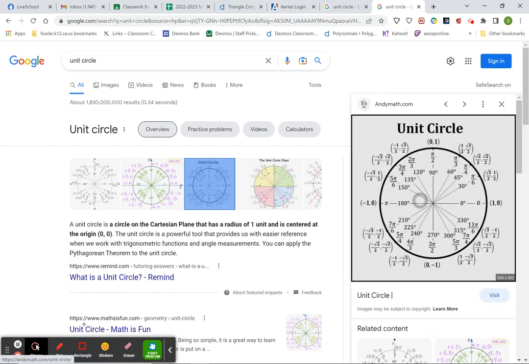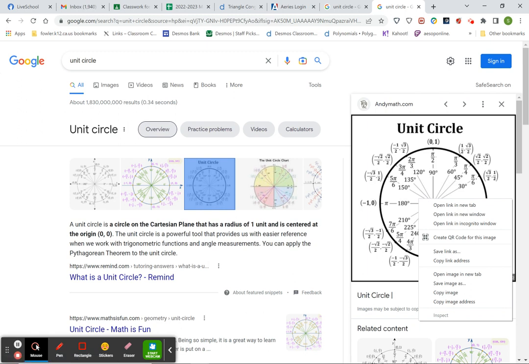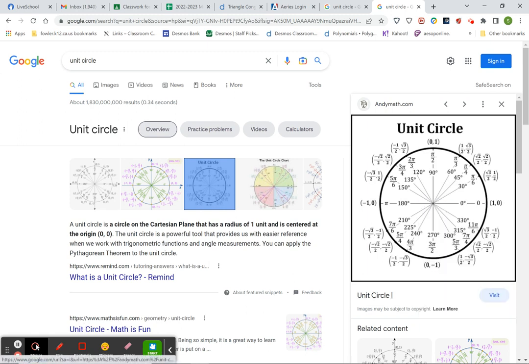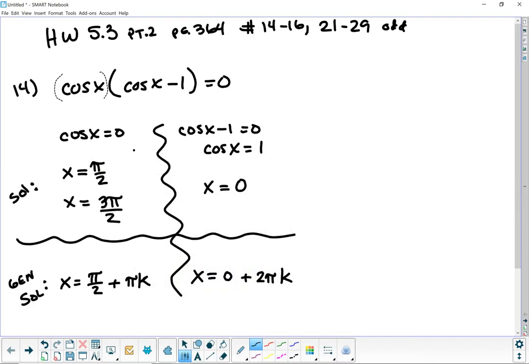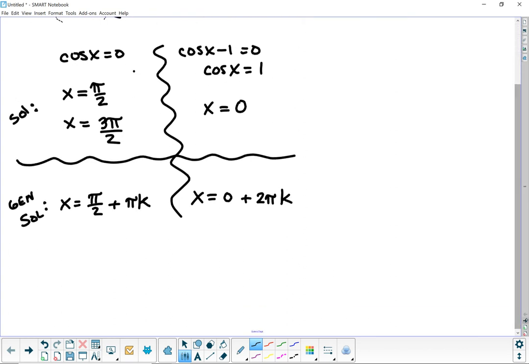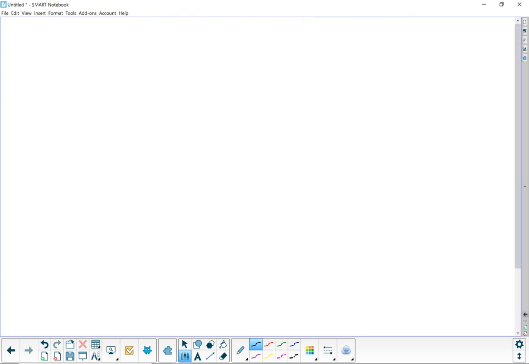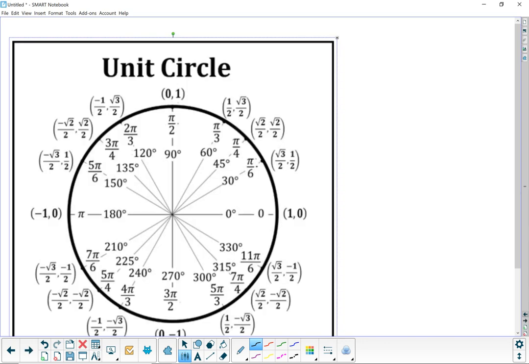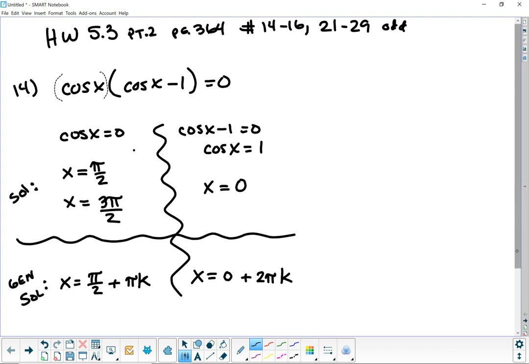There it is. I need to copy the image. All right, sorry about that. I am going to go ahead and paste that in on the next page, just in case I need it. Okay, so that was 14.